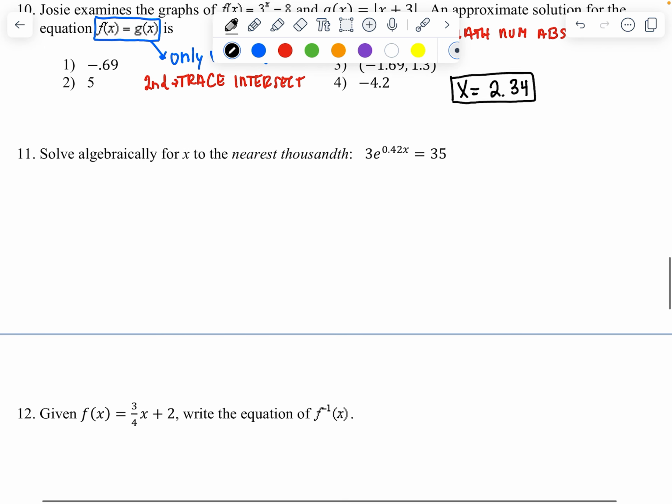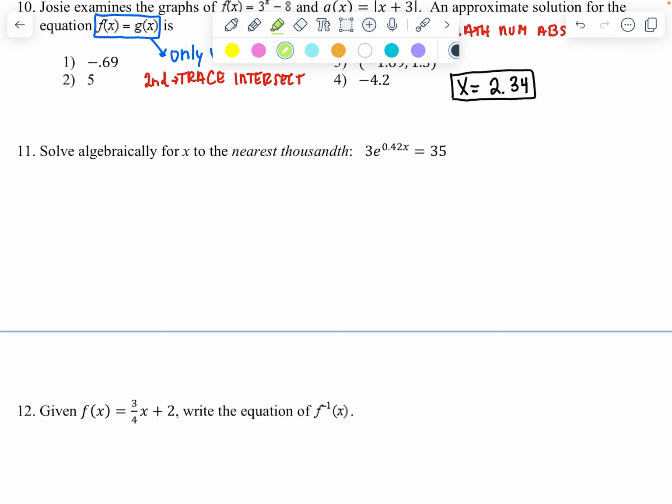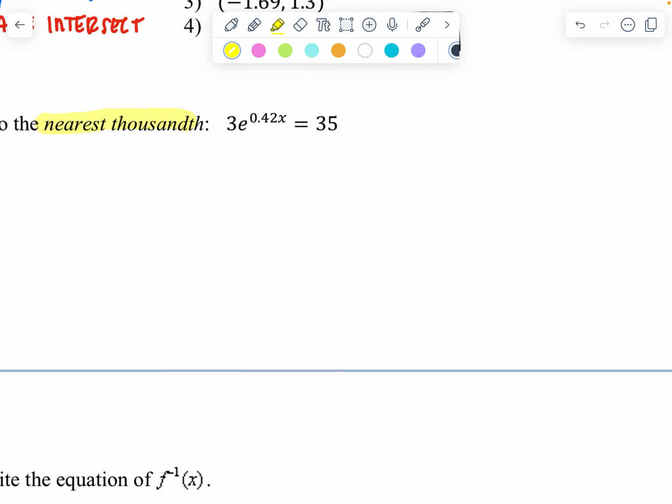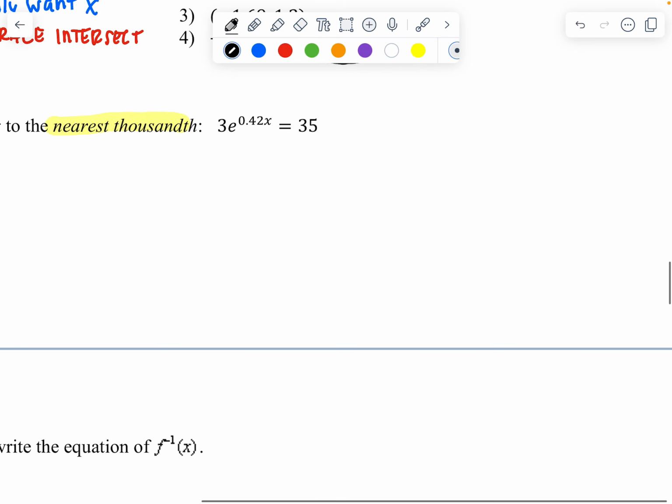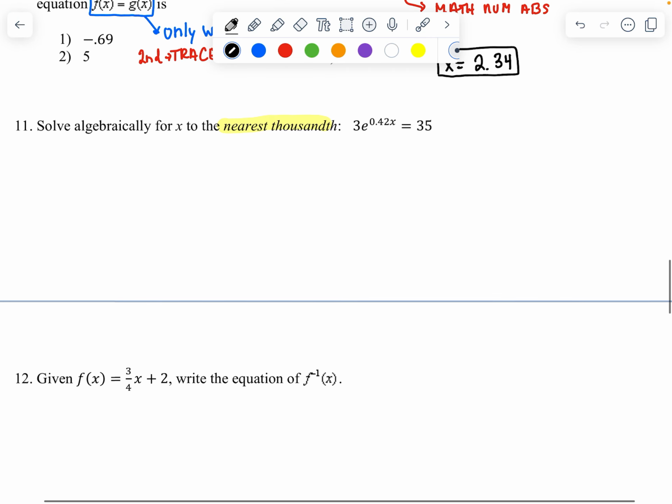All right, here we are to the free response. So solve algebraically. So this is logs, okay? And we talked about logs having three parts: a base, an exponent, and an answer.